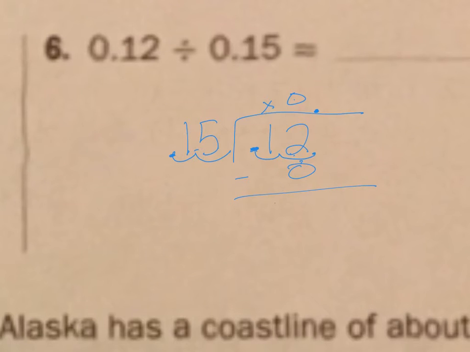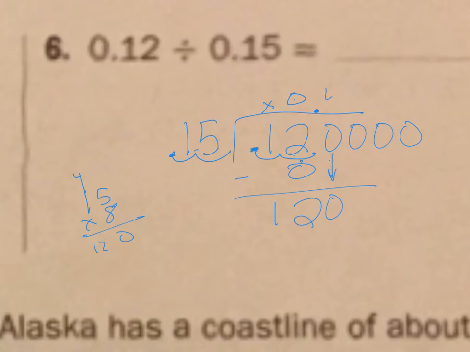Okay, subtract that out. I still have stuff here, so I can add as many zeros as I want over here. I'll just add that many. And I'll bring down this 0. How many times does 15 go into 120? Let's try 10, that would be 150. I'm thinking about 8. 5 times 8 is 40. 8 plus 4 is 12, 120.